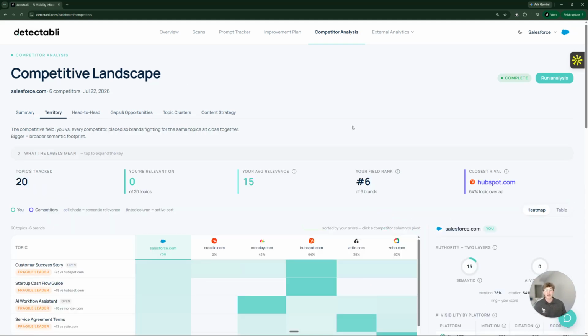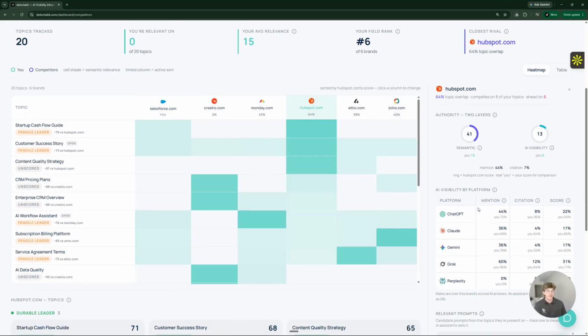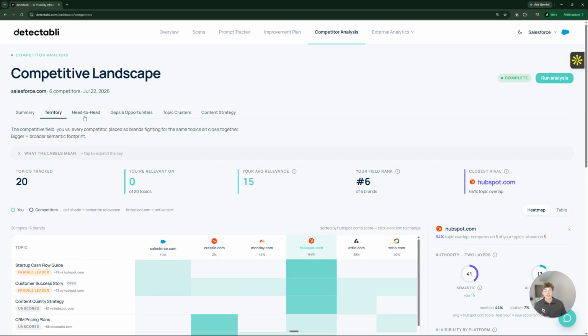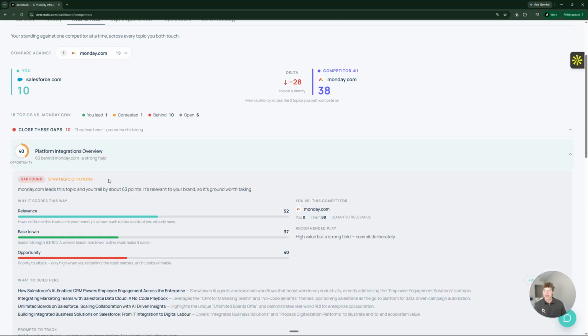We do this by mapping out the territory of topical coverage, so understanding how you and your competitors cover certain topics and who covers them to a stronger extent. We then enable you to track that on a per platform level to understand the differences there. And then moving into a more detailed head-to-head, you can view these specific topics and how to close these gaps between you and your specific competitor.